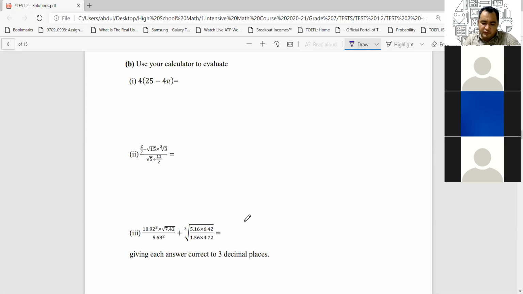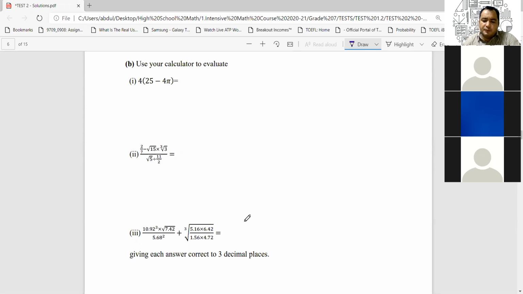For example, the first one is 4, open bracket, 25 minus 4 times pi, and close it. Now I wrote everything in the calculator, and press equal.